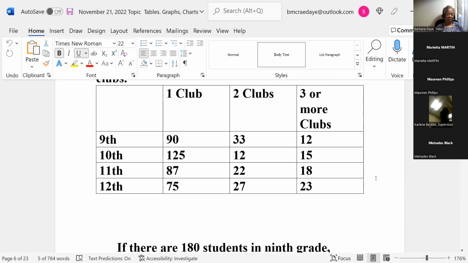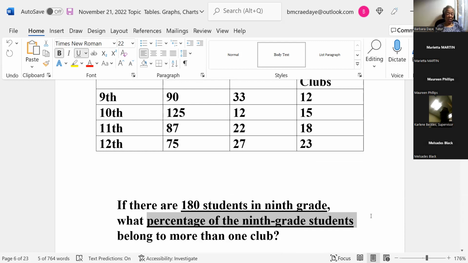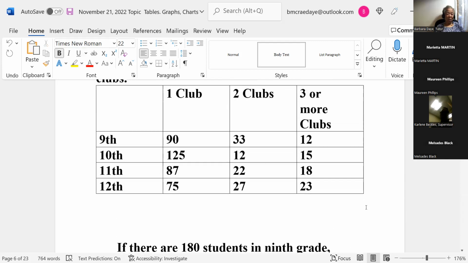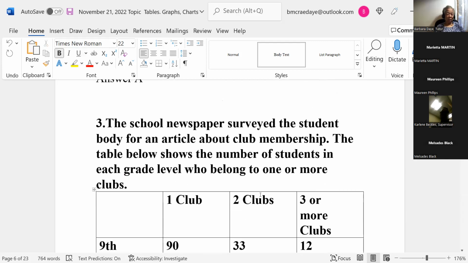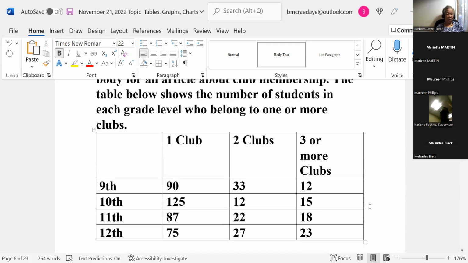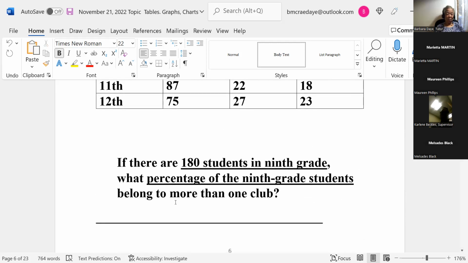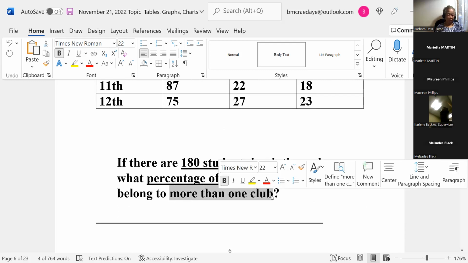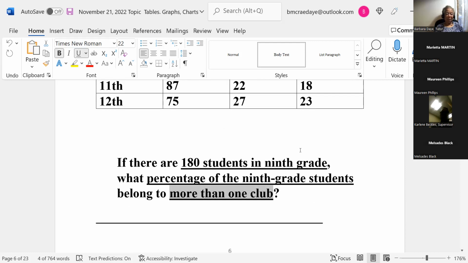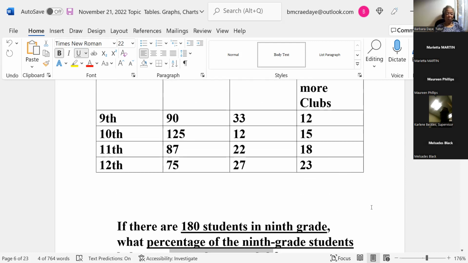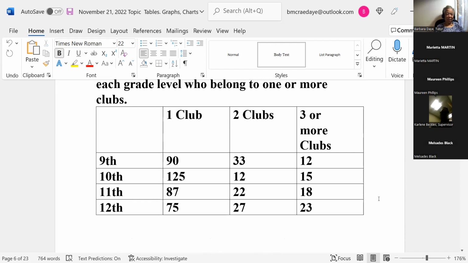So, Maureen, there's 180 students in ninth grade. Okay, because it said we want to find the number of students in more than one club. So let's underline more than one club. So, Maureen, how many students are in more than one club in the ninth grade?